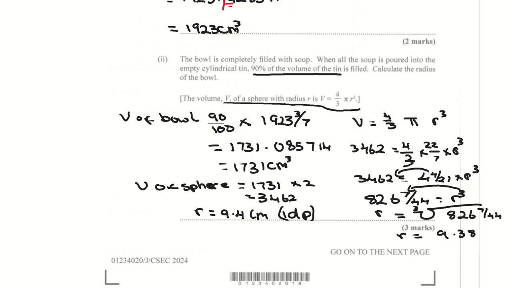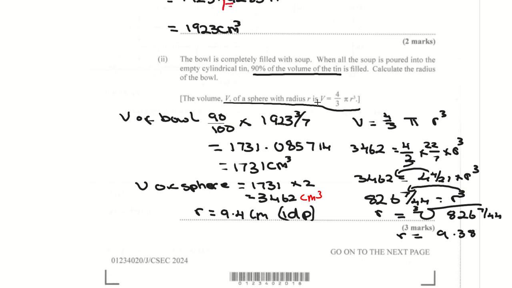Now, we know that this is a hemisphere, right? Which is a half of a sphere. So if half of it is 1731, then your whole sphere would be 1731 multiplied by 2, which is 3462 centimeters cubed.